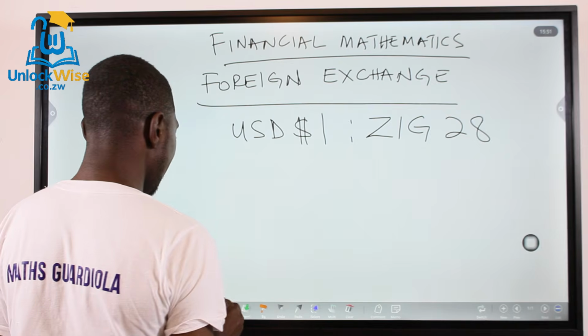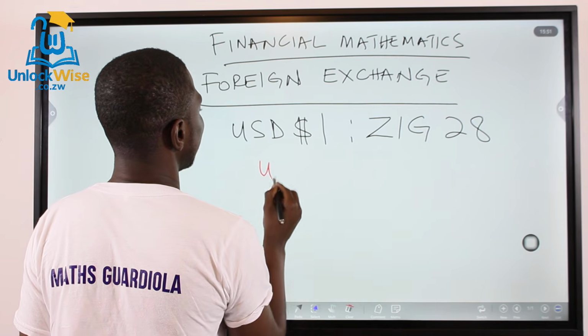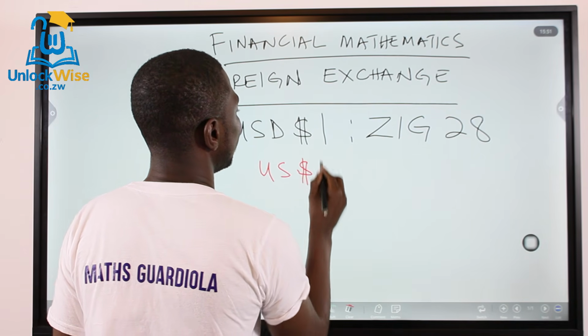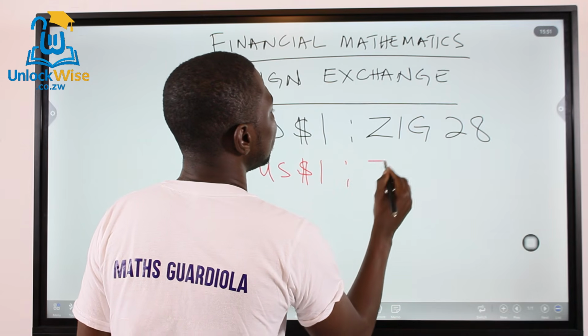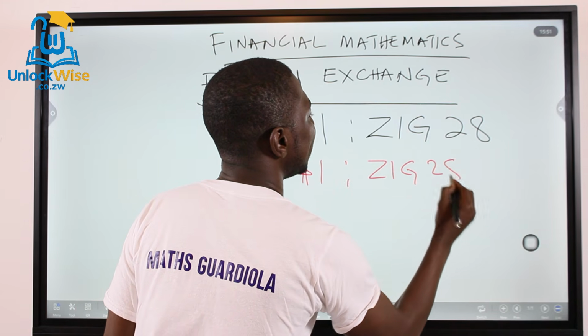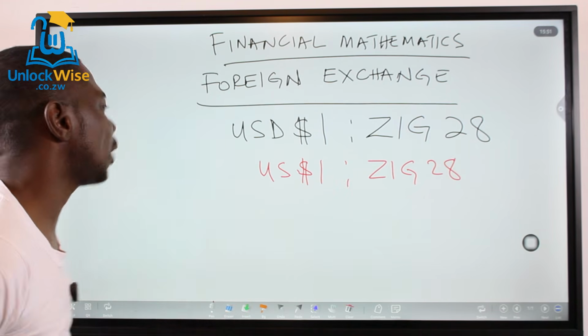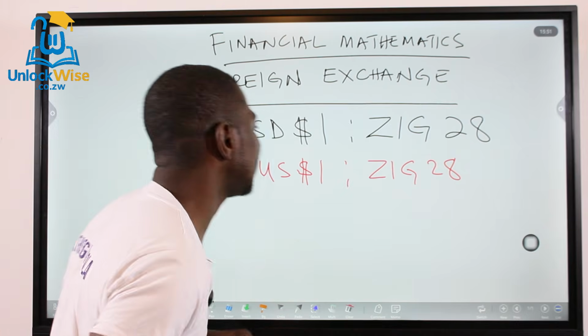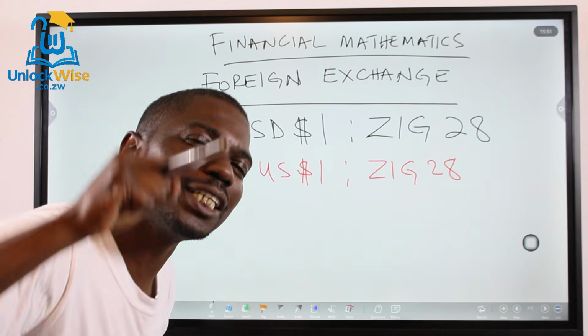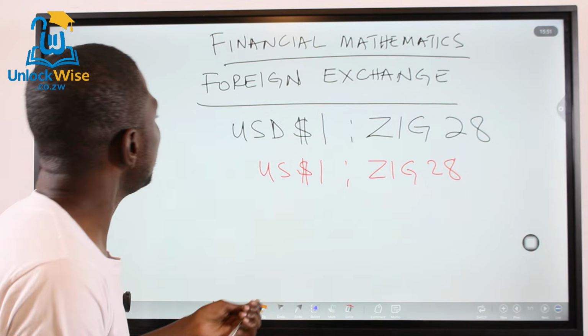So if you have $25, $1 is to ZiG 28. If you have $1, you will be given 28 ZiG. How much will you receive if you have $25?